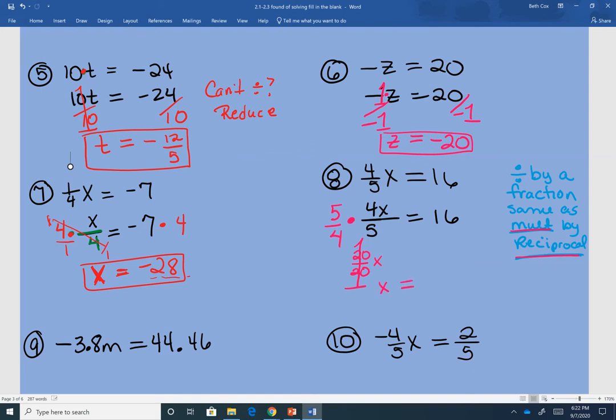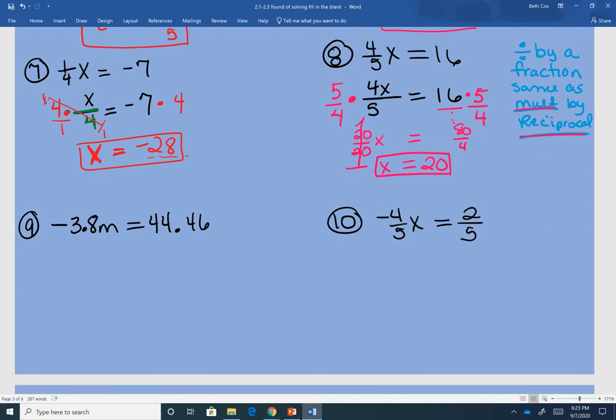And what you do to the left, you also have to do to the right. So to the right, I multiply by 5 over 4. And I'm going to get 80 over 4, which when I simplify that, I get 20. So that's my answer there. Pretty sure that's right. Okay, y'all let me know if it's wrong, okay?